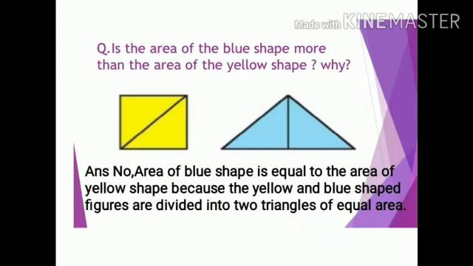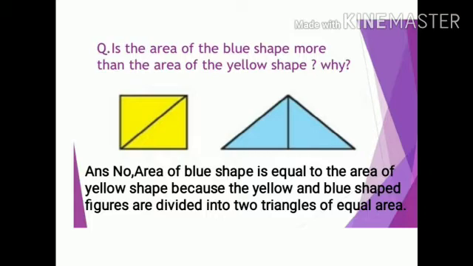Next question: is the area of the blue shape more than the area of the yellow shape? Why? Here you can see there are two figures, and these figures you can make with the help of a square paper.